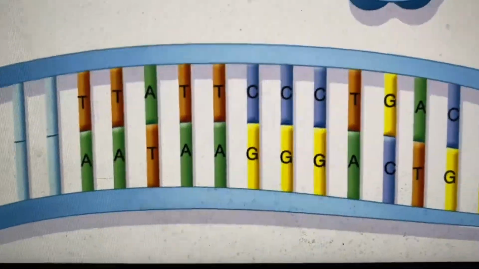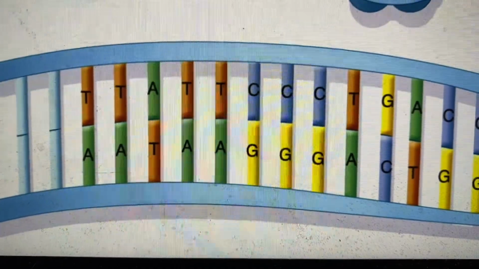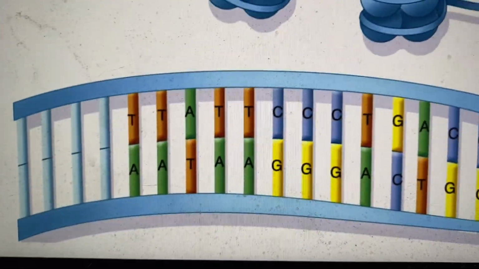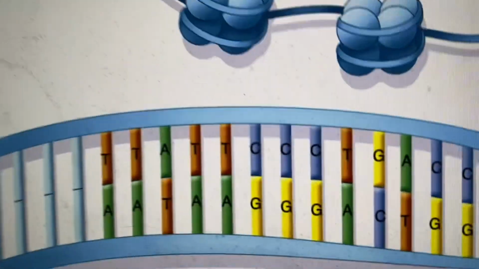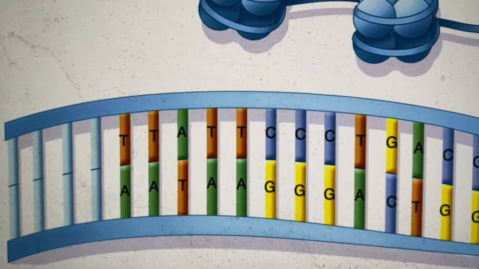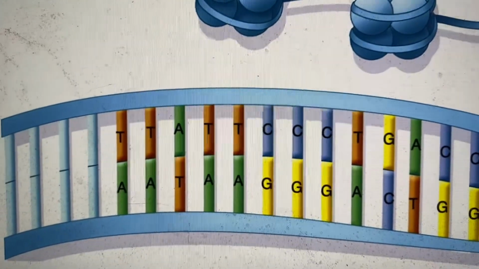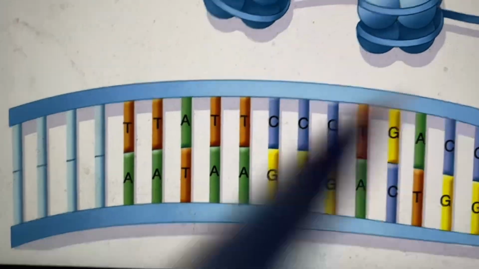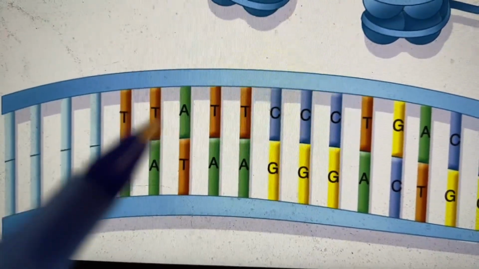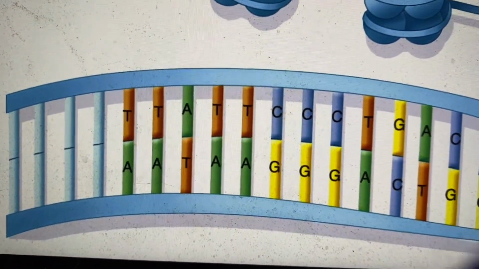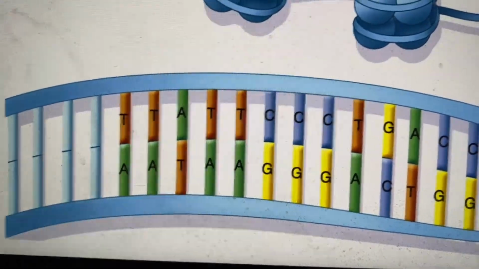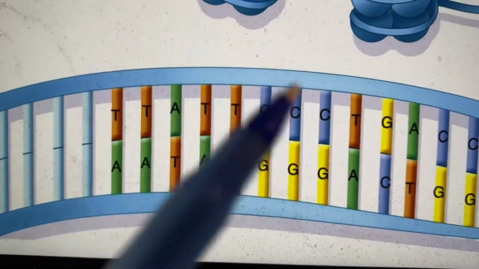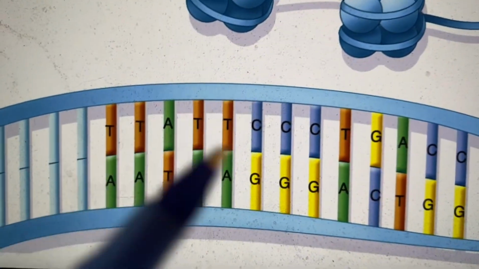If you think of it as a language, the language of life is written in 4 letters. To make an eggplant, you have to put your A's, T's, C's, and G's in a certain order. To make a mushroom, you'd put them in a different order. To make a person, you'd put them in a slightly different order, right? Things that look a lot alike usually have fairly close order of A's, T's, C's, and G's.